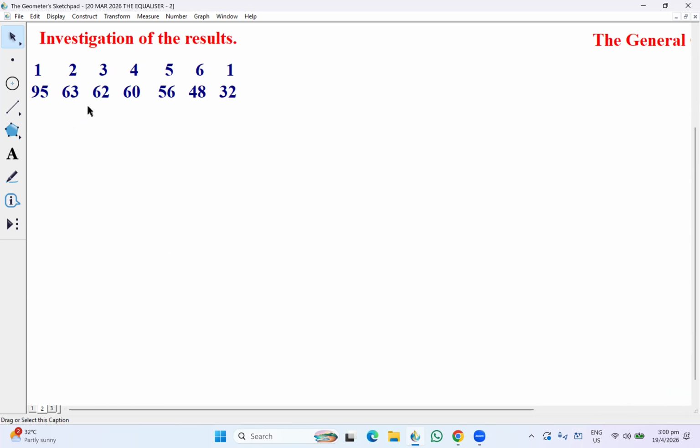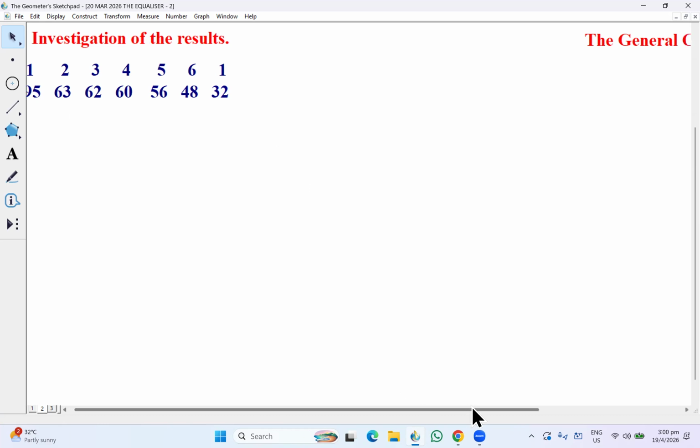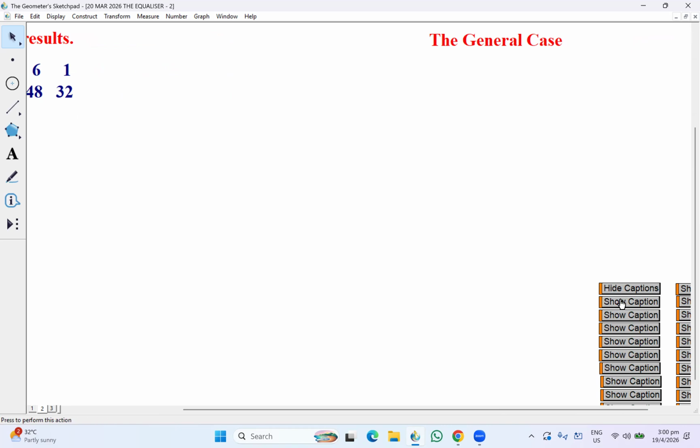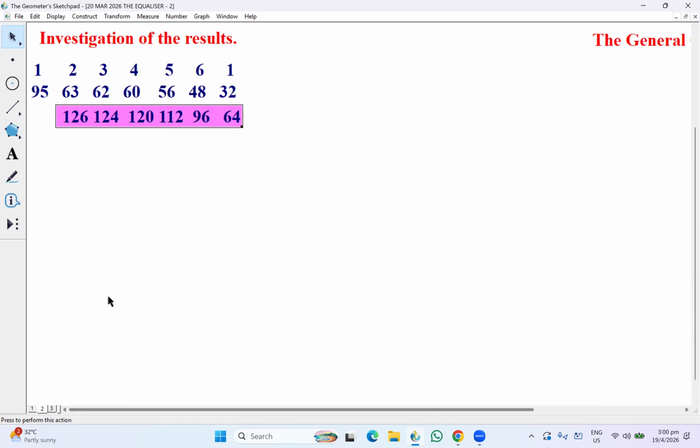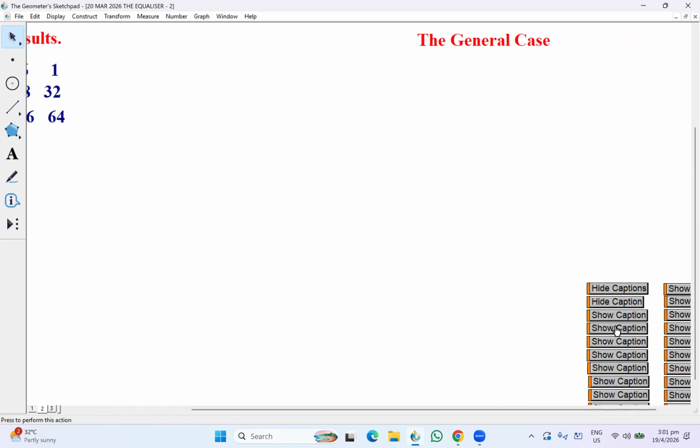See, here decrease by 1, decrease by 2, decrease by 4, decrease by 8, decrease by 16. There's a geometric series inside. So the amounts 126, 124, 120, 112, 96, 64, they all double. Then after they give away, see whether all are the same or not.